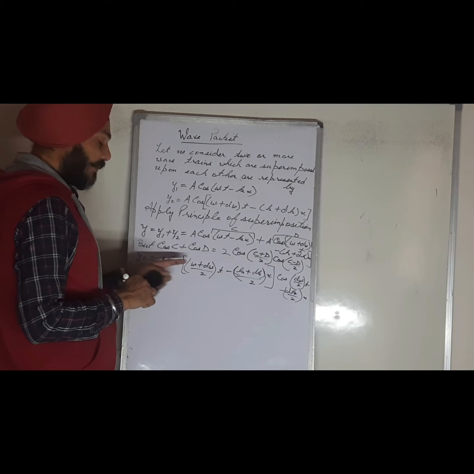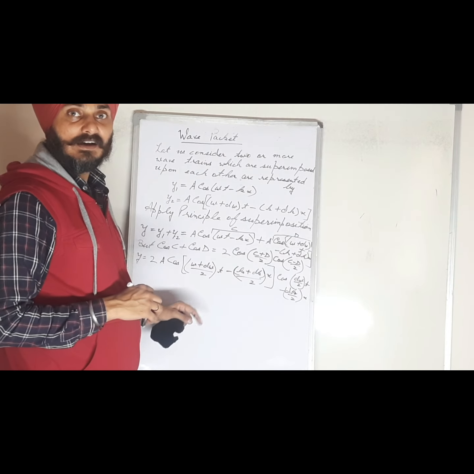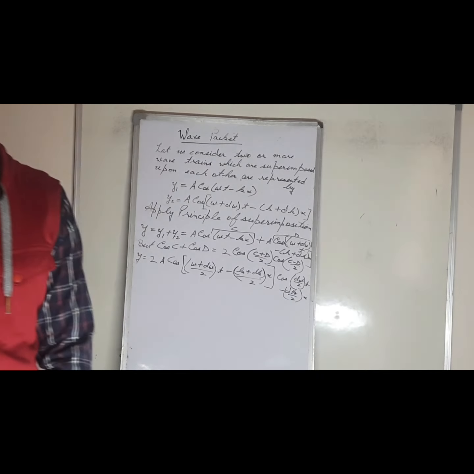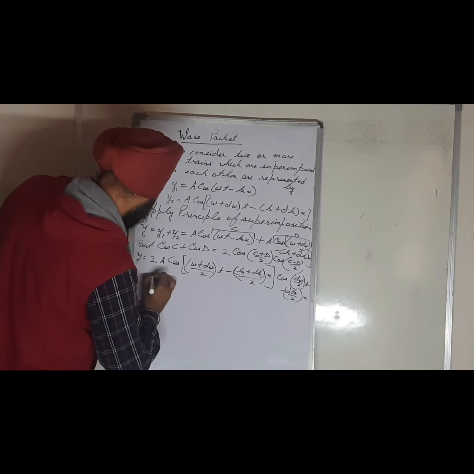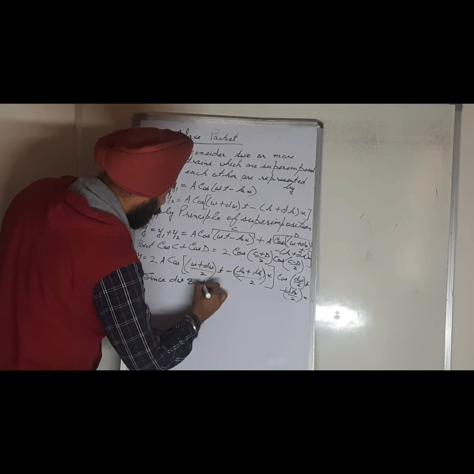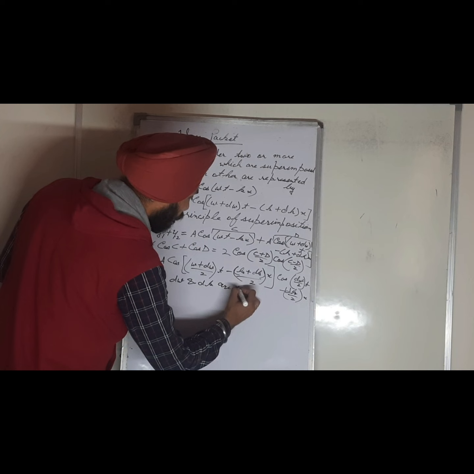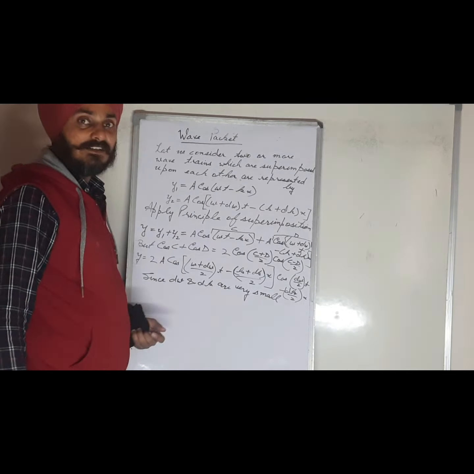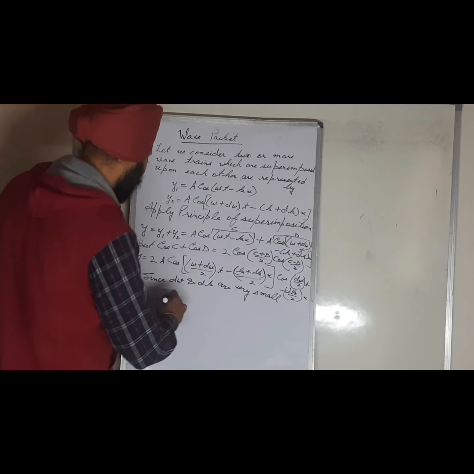Now since d omega and dk are very small, we just neglect the terms d omega and dk.